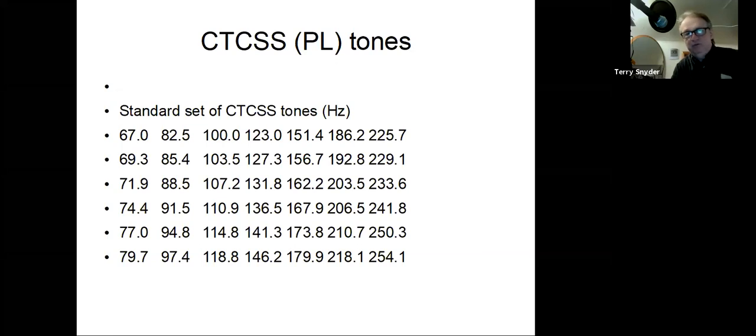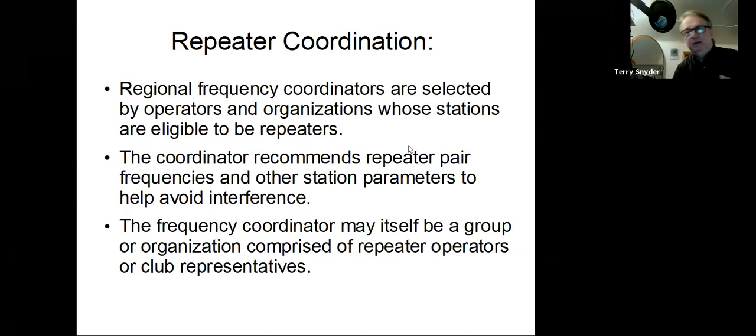Most of them use 123 cycles. And there's others, another one like the 145.1 repeater is 131.8. So you'll run into these, and as you go through your radios and program, it'll tell you what the tones are. And we covered how to program a radio a couple weeks ago.